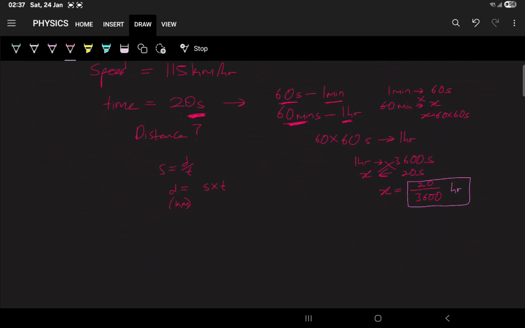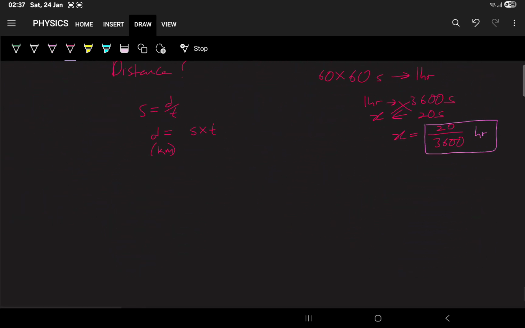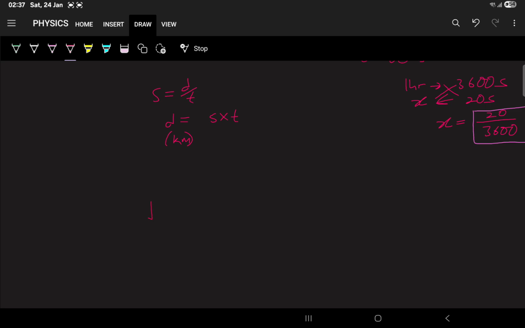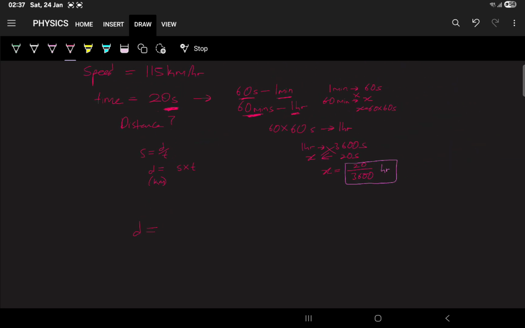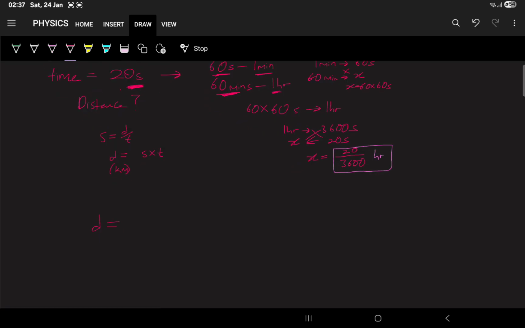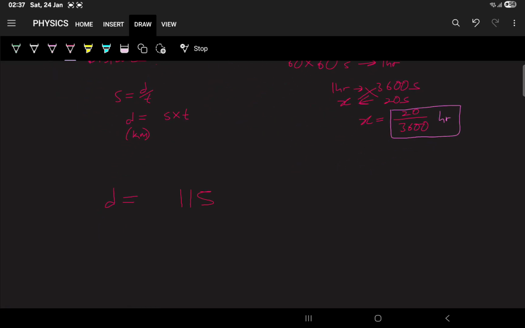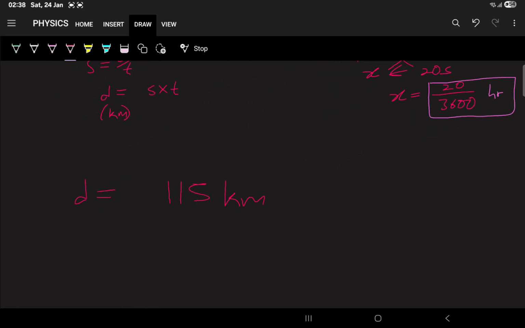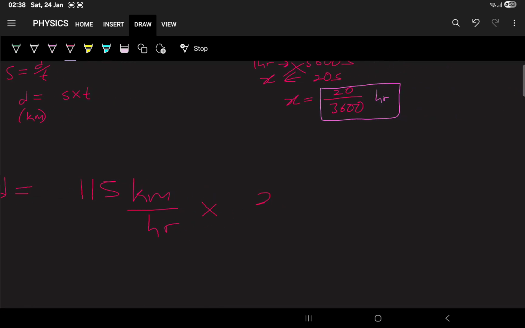Now substituting this into our formula, we have distance to be speed. What is the value of our speed? 115 kilometer per hour multiplied by 20 over 3,600 hour.